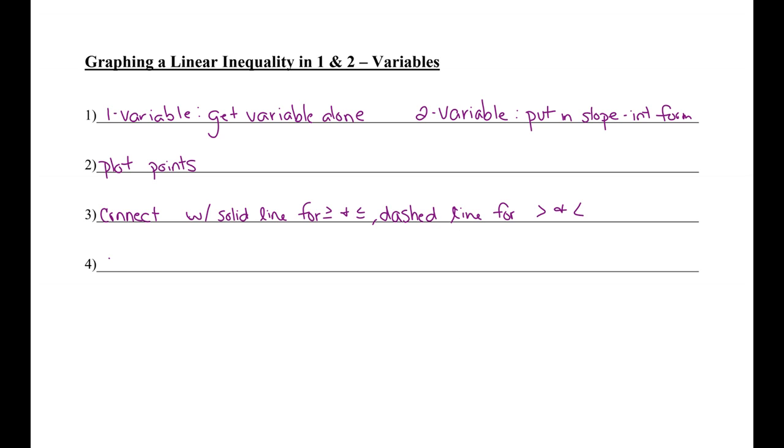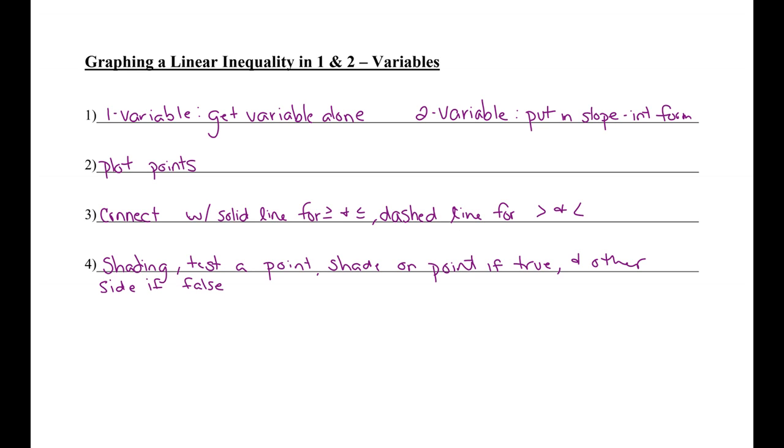Your last step is going to be shading. So you're going to test a point, and you're going to shade on the point if it gives you a true statement, and the other side if it gives you a false statement.